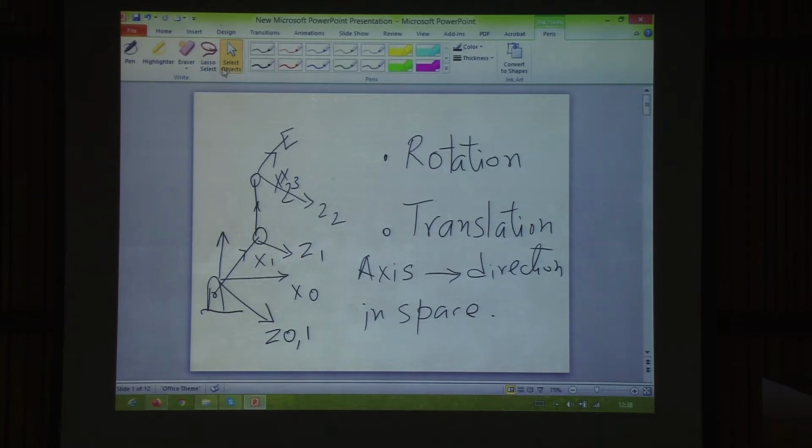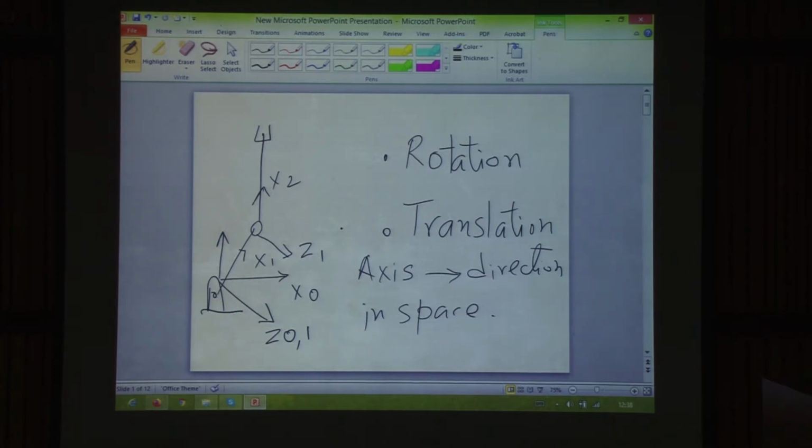So if I draw it again here, this has got a little clumsy. What we are trying to say is that we have a linkage mechanism like this, and what I want to know is the relation of the end effector with respect to the base frame.